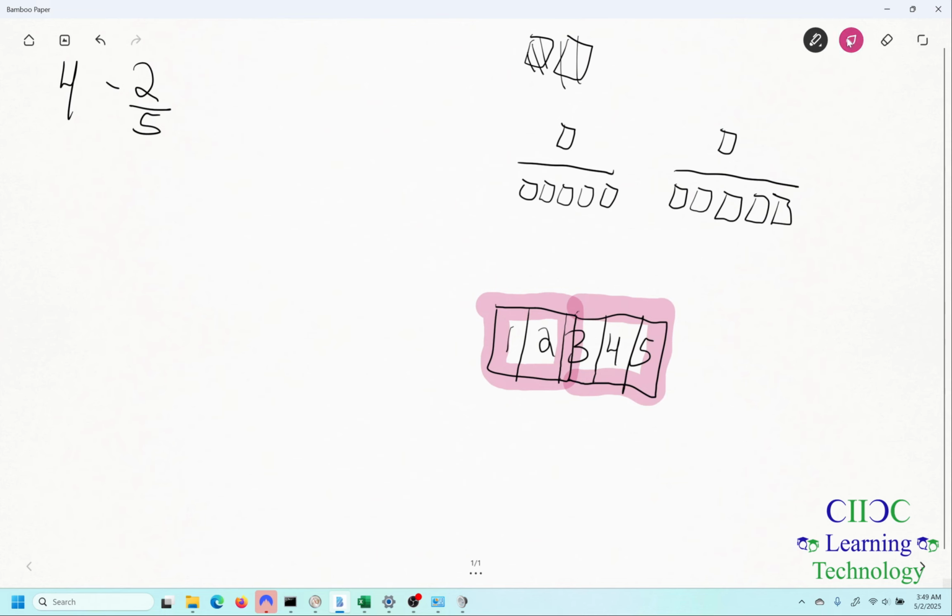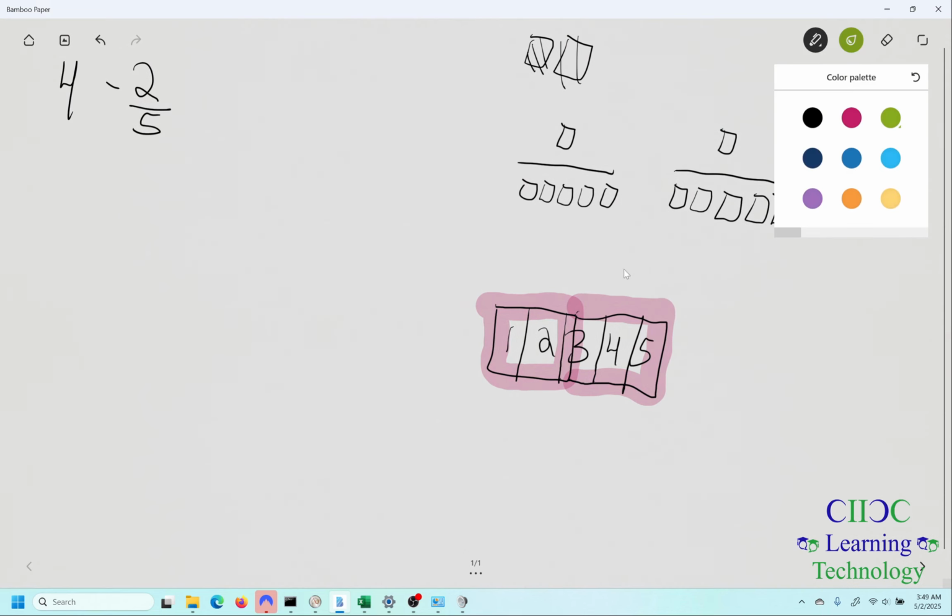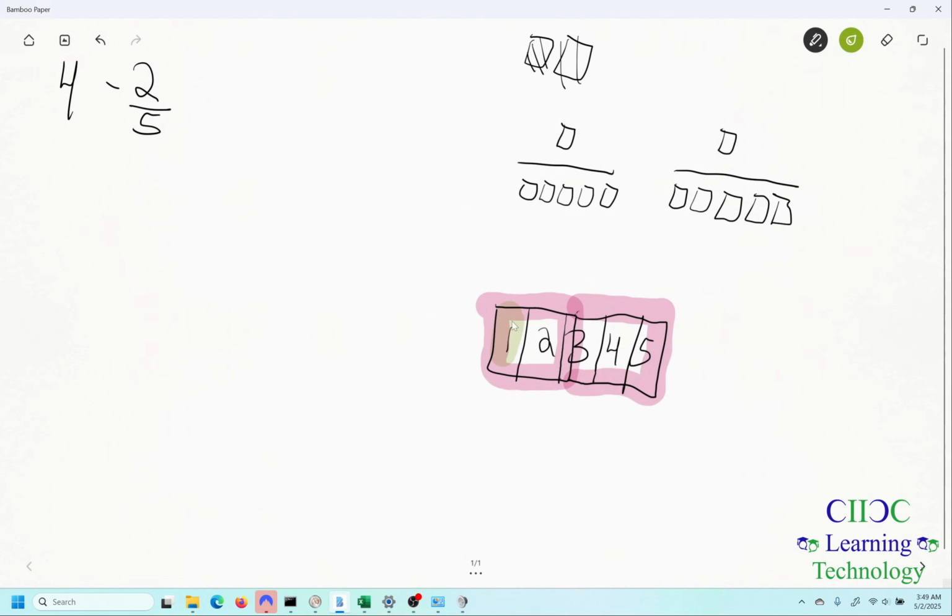And because these have to be equally divided, then we had to switch things up. Notice I did that 5 times. So again, 2 that have now been divided into 5 equal parts.